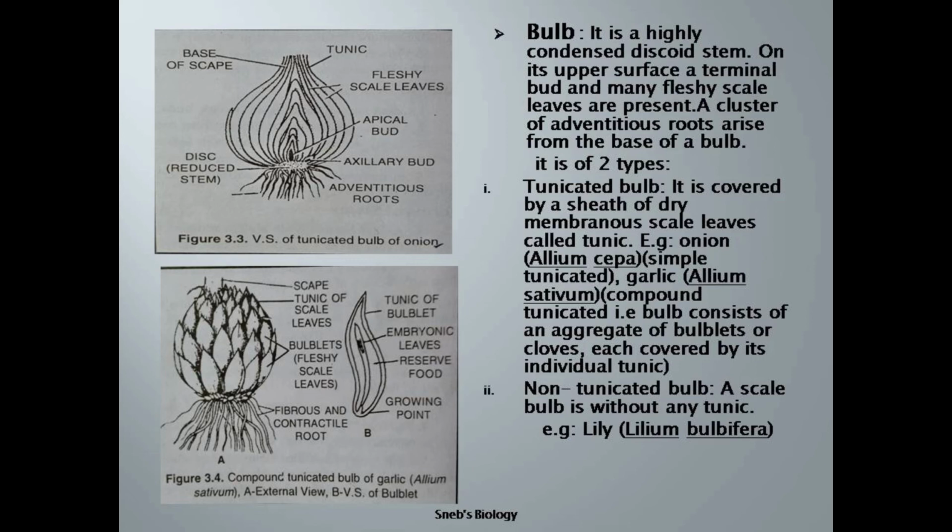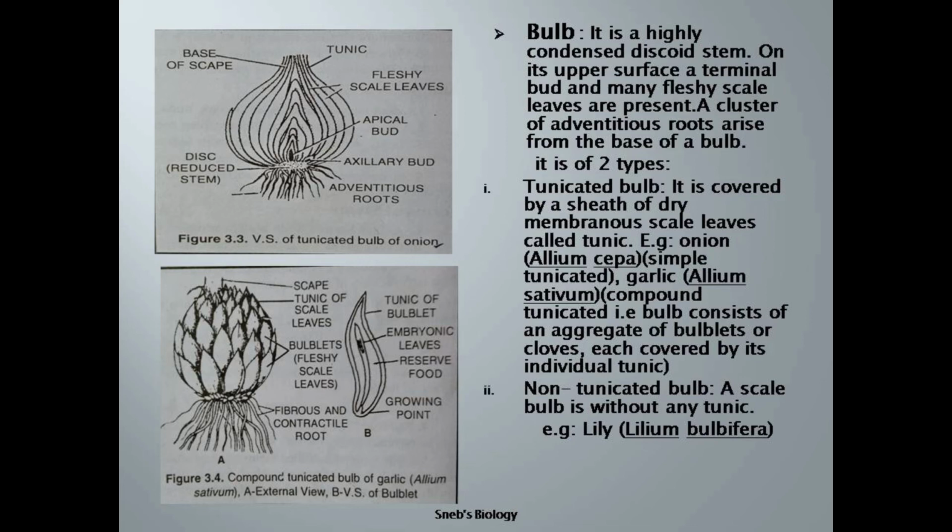The bulb is divided into two types, tunicated bulbs and non-tunicated bulbs. The tunicated bulb is covered by a sheath of dry membranous scaly leaves called tunic. For example, onion, garlic, etc.